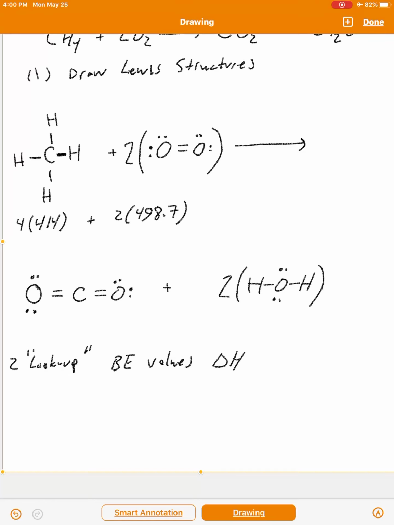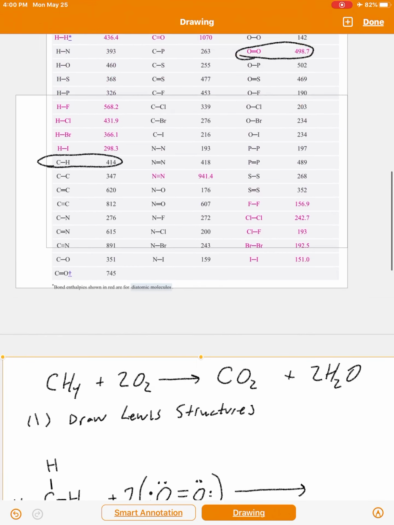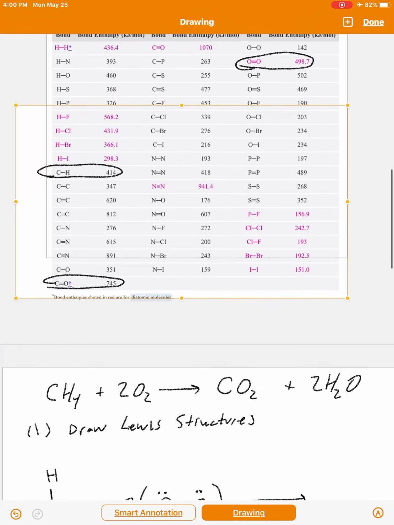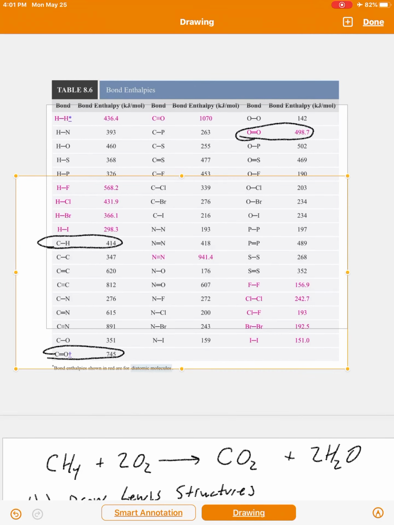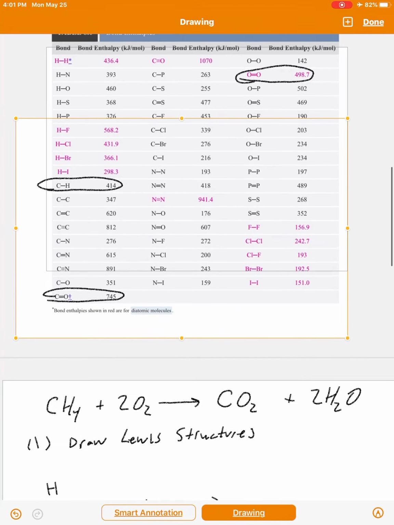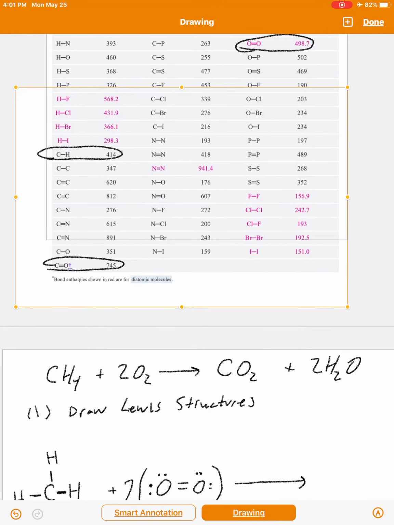Now, let's do the same thing for the products. We've got a carbon-oxygen double bond. Now, I'm going to point out the carbon-oxygen double bond. There's this value here, 745. That looks like that might be it. Yep, C double bond O. I think that's right. I just want to make sure.